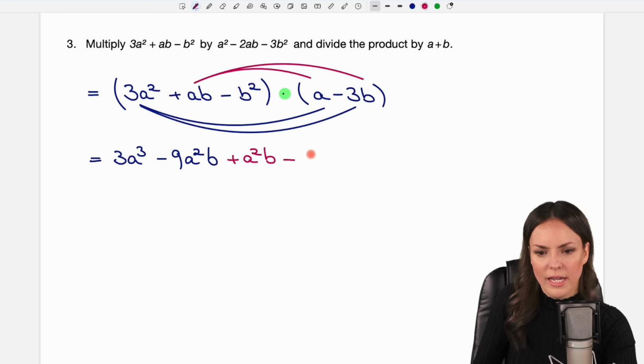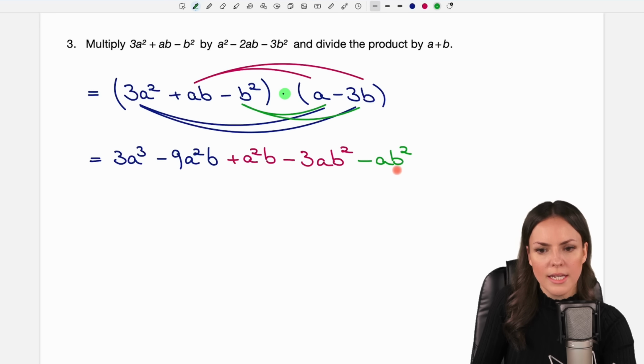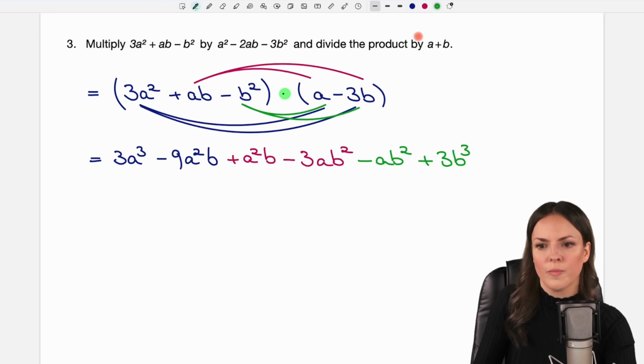The number, we only have a 3, and then we have a and b times b equals b squared. And then the last thing, everything is going to be multiplied here. So negative is the thing, then b squared times a is ab squared if I switch these, and then negative times negative is going to be positive, b squared times 3b, so 3 and then b cubed.